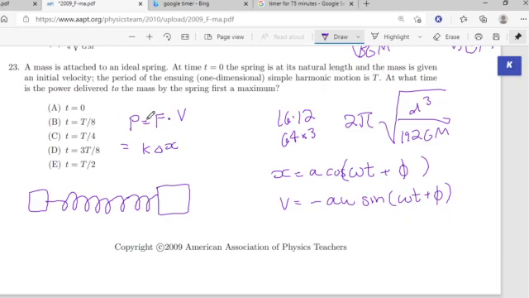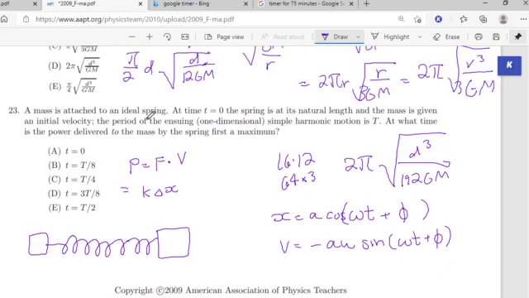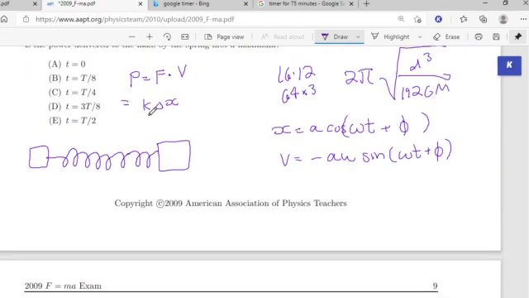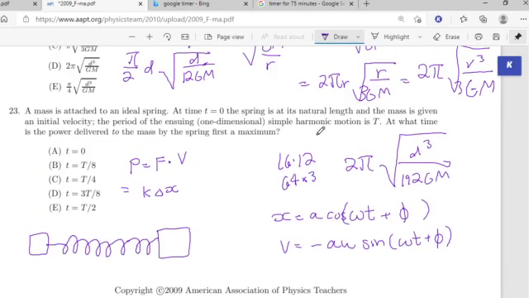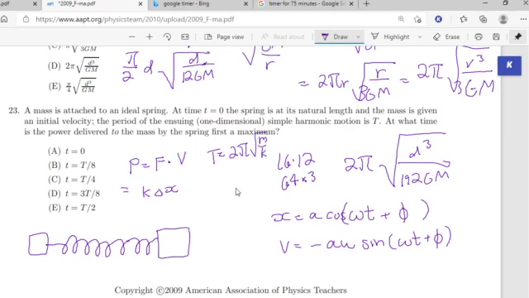Okay, so, let's see. Actually, the period is T, so T is 2 pi root m over k.